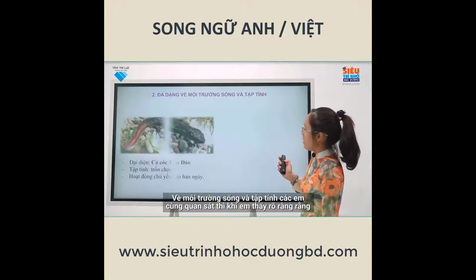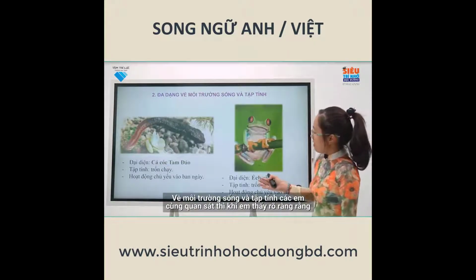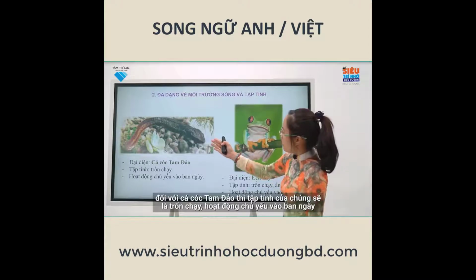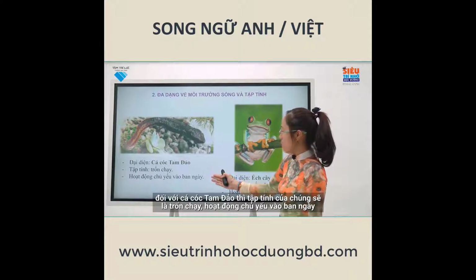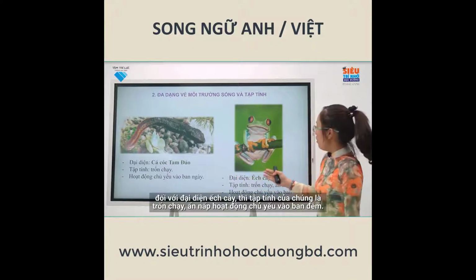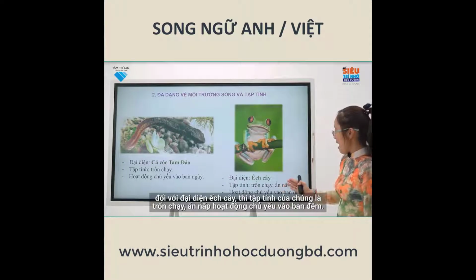Regarding the habitat and behavior you observed, it is clear that Tam Dao salamanders' behavior would be to run away, operating mainly during the day. For representatives of tree frogs, their behavior is running, hiding, and active mainly at night.